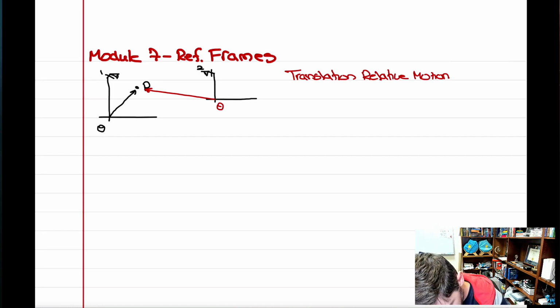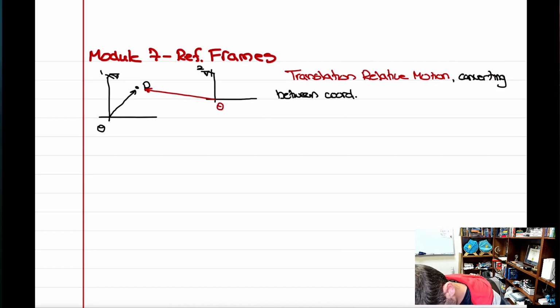So translational relative motion, we'll call that converting between coordinate systems that are simply translations of each other.